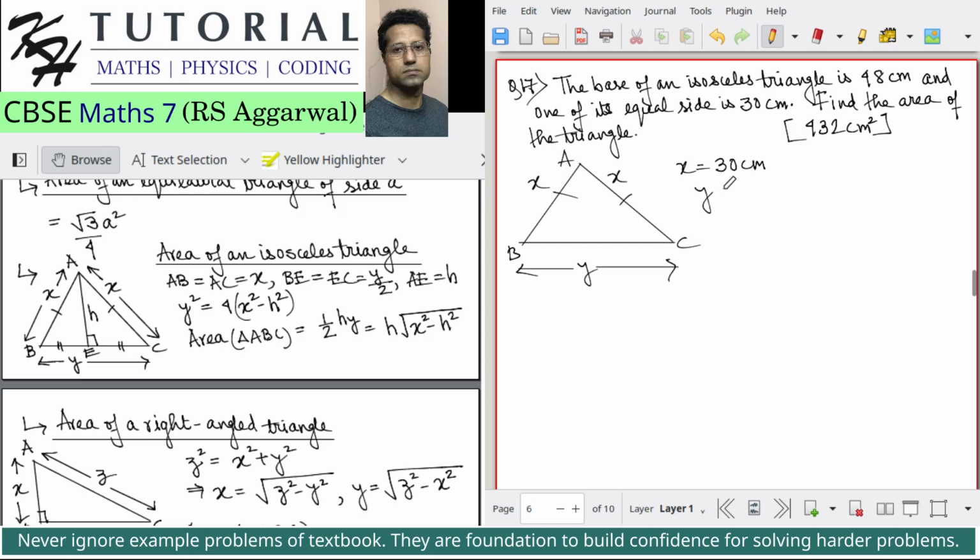So y is given as 48 centimeter. It is asking to find the area. To find the area, we need the height corresponding to the base. That is, we need the value of h.